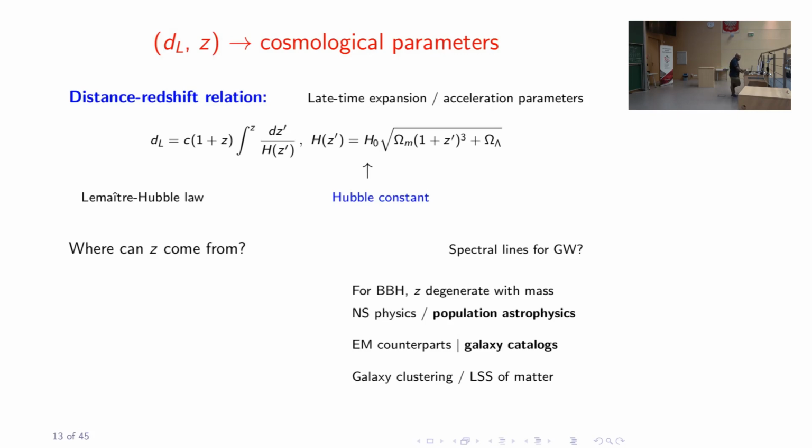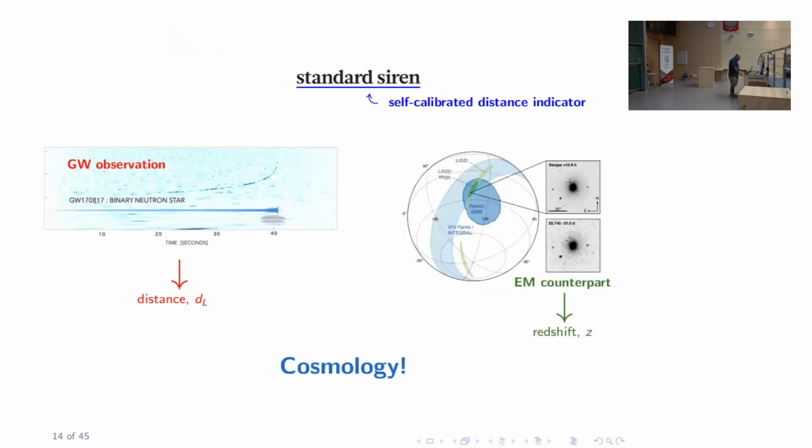First, bright standard sirens. We already saw that the binary neutron star came with a counterpart. The gravitational wave observation could give us the distance. The electromagnetic counterpart was quickly associated with the host galaxy.